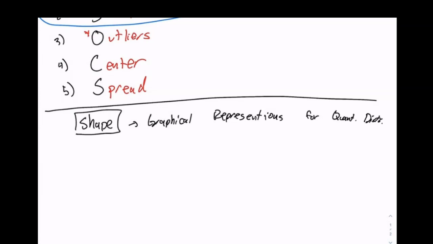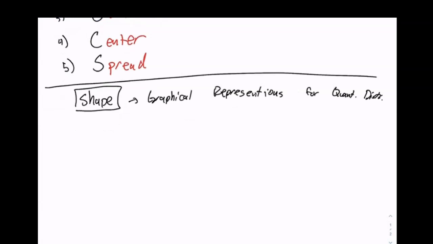Now, later on this week, Thursday and Friday, we will start covering some of them, and next week we'll cover the last one. So we're going to spend multiple days going over the graphical representations. Today, I am not asking you to make any graphical representation. They will be provided for you.